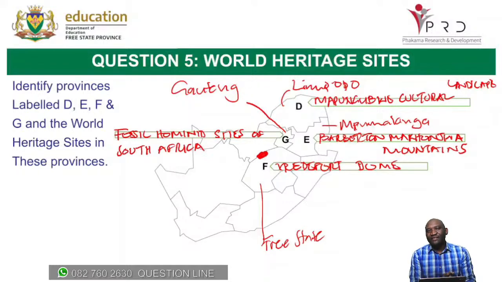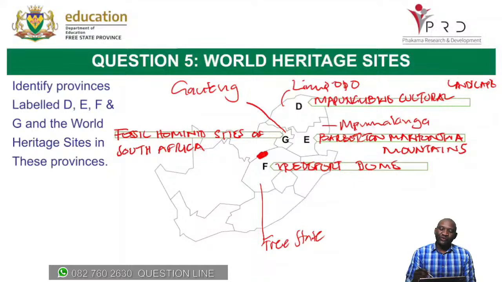Do you see how this exercise was actually easy in reminding us the names, the locations of the World Heritage Sites, the provinces where they are located, which is very important, and how they are actually located on the map of South Africa? Because if we're given this question and we only get a map of South Africa and letters just like I've shown you, then you must be able to know which World Heritage Site is located in which direction, what must be the name of the province, and the exact location of that particular World Heritage Site.